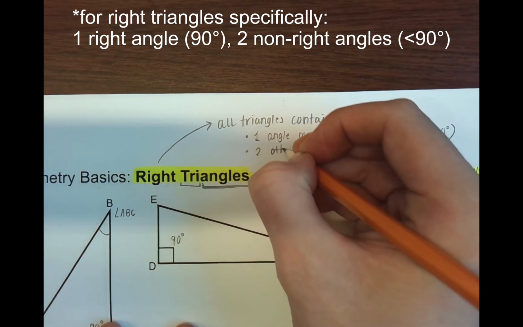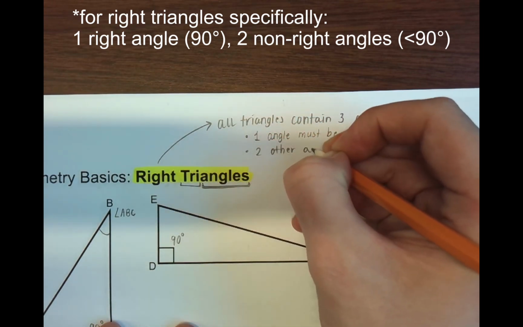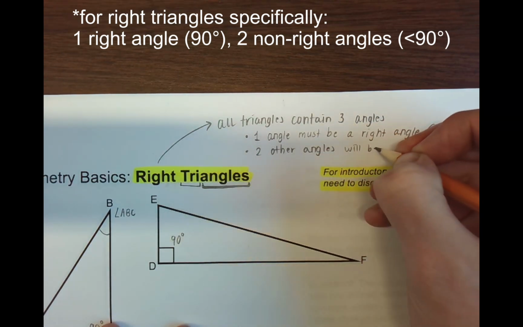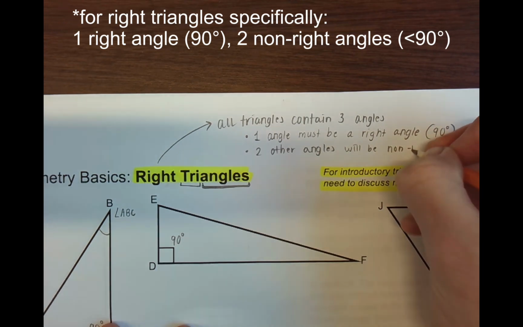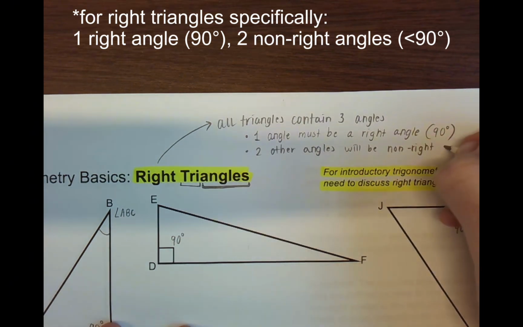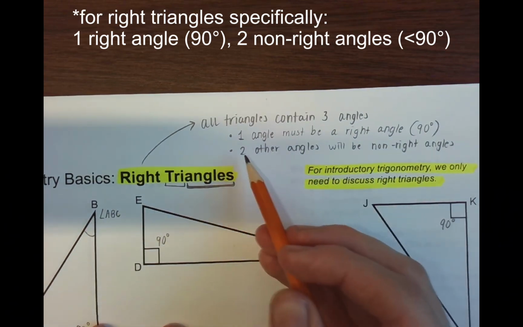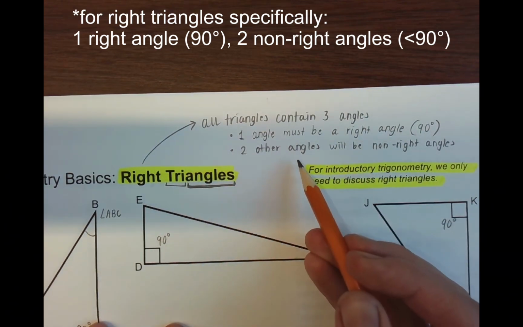Two other angles will be non-right angles. So they have to be just anything other than 90.